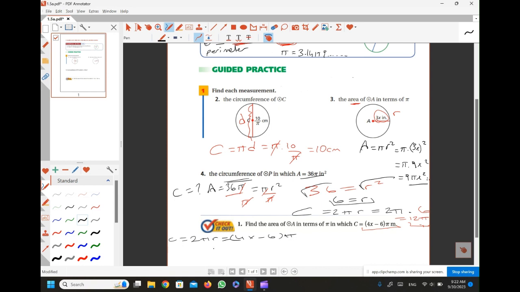We have pi's on either side. Divide both sides by pi to get rid of pi. And you are left with 2r on the left. On the right, 4x minus 6. We need r alone, so divide both sides by 2 again.